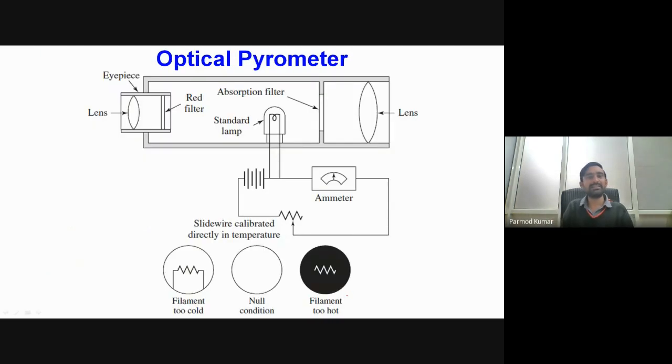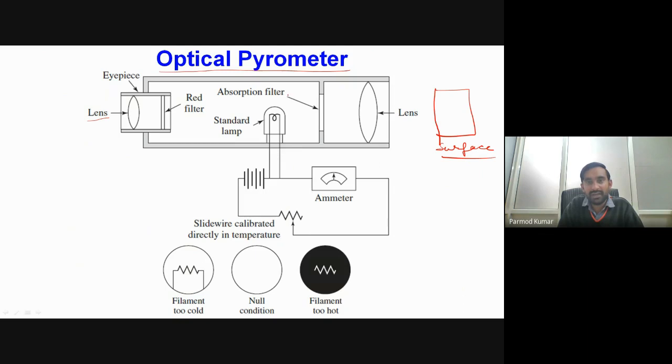Okay, so now let us see the very first type of device, which is known as the optical pyrometer. In an optical pyrometer, we have a lens, and through this lens we visualize our surface. The surface will be placed somewhere over here, where we want to measure the temperature.